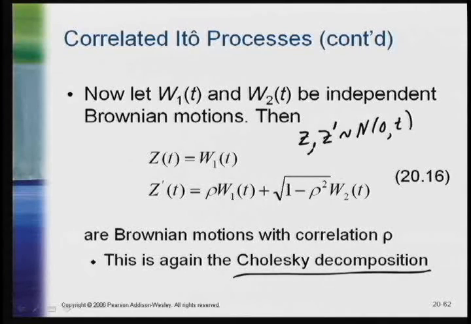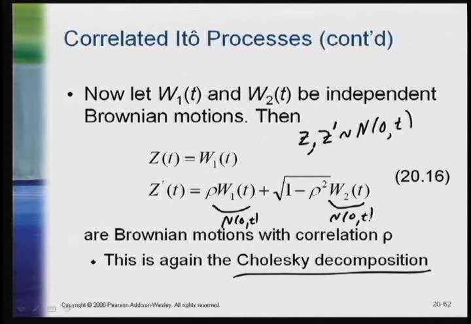That Z has that property is true by definition because Z is equal to a Brownian motion. But Z prime, you need to do just a little bit of work. We know that W1 is normal 0, t, and we know that W2 is normal 0, t, and they're independent. So I'll let you do the calculation to show that the variance of Z prime is also t.